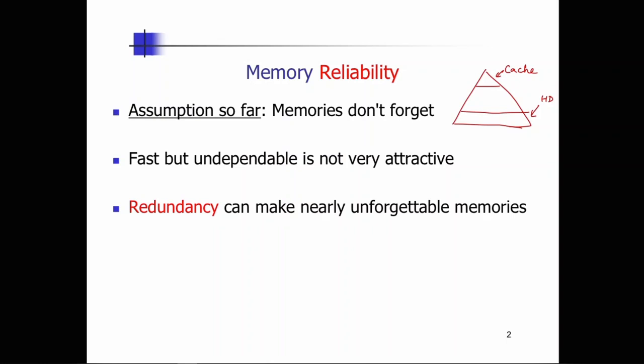So even if we have a very fast memory, unlimited amounts of very fast memory, which is sort of the main goal here, if it is undependable or unreliable, then it is not going to be very attractive. So by using redundancy, and specifically we'll look at the use of parity bits, we can have nearly unforgettable memories. We'll see how we can do two things with redundant bits.